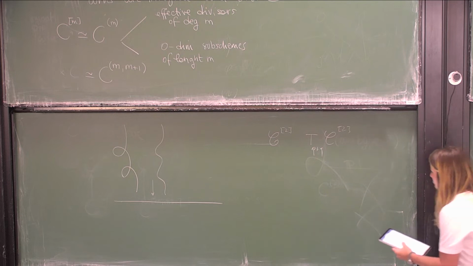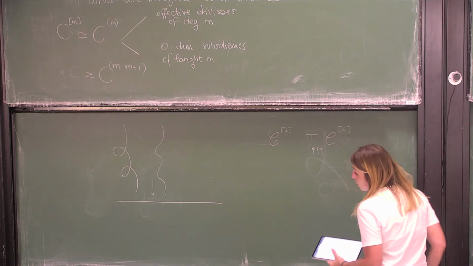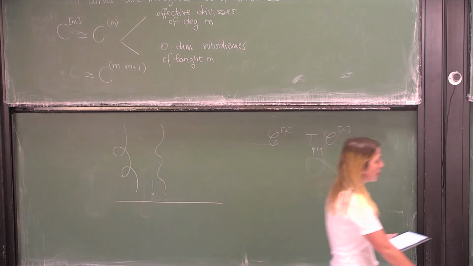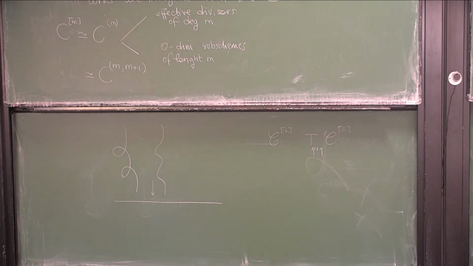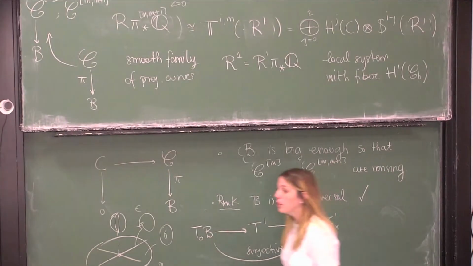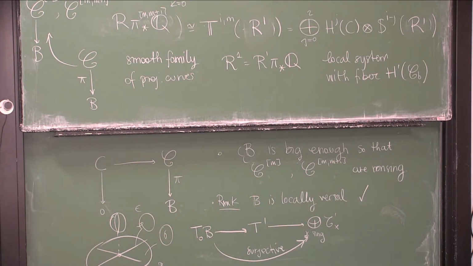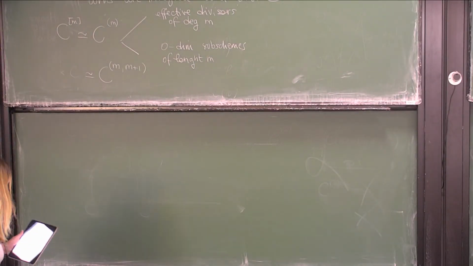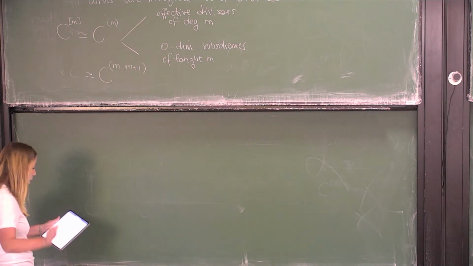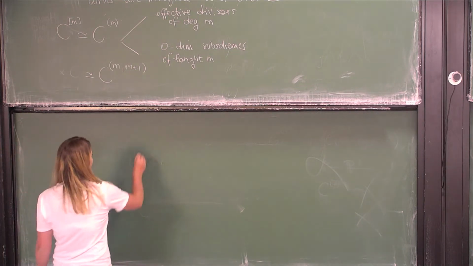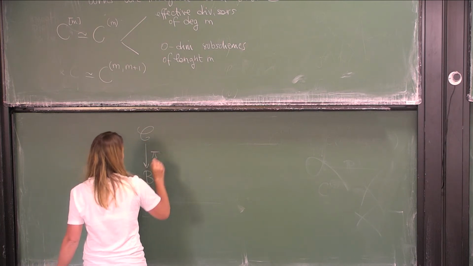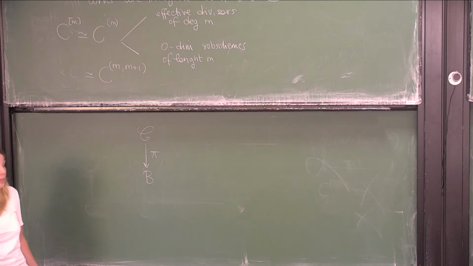Okay? So now what we do is to embed our curve in any such family which satisfies this condition. So we are sure that the total spaces of the relative Hilbert scheme and of the relative nested Hilbert schemes are smooth. So we have our family here, which contains our singular curve, and possibly other things.